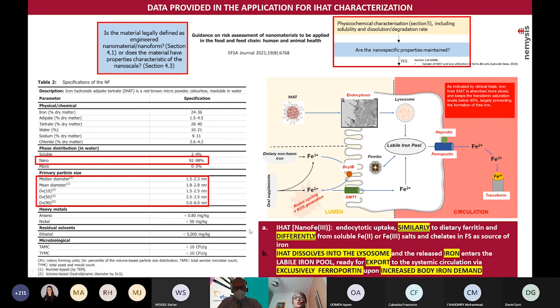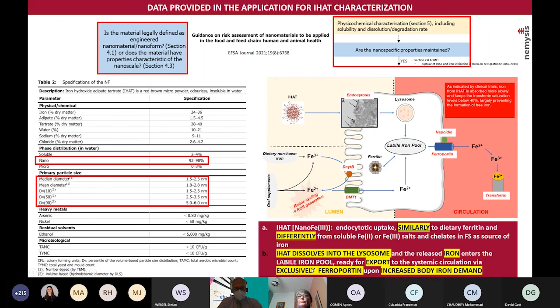So the conclusion was that IHAT is a nanoparticulate iron. It is taken up by endocytosis, similarly to dietary ferritin and differently from conventional materials currently included in food supplements, which instead use specific divalent metal transporters at the cell membrane.